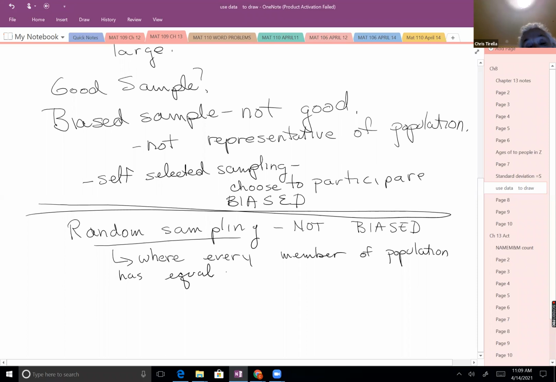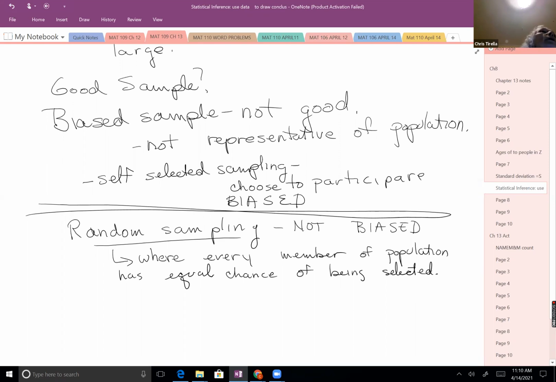Every member of the population has an equal chance of being selected. So, for example, if I wanted to do a study of the student body at Niagara County Community College, and I decided that there were too many students for me to actually use, so I want a random sample of, let's say, 200 students.